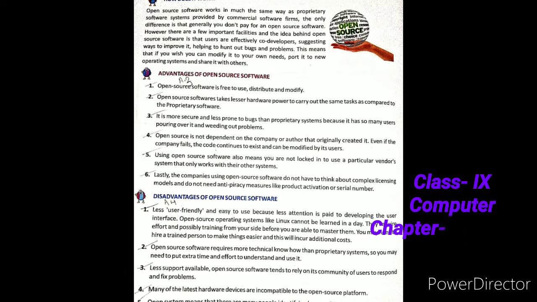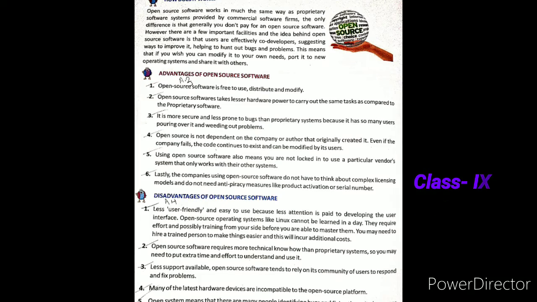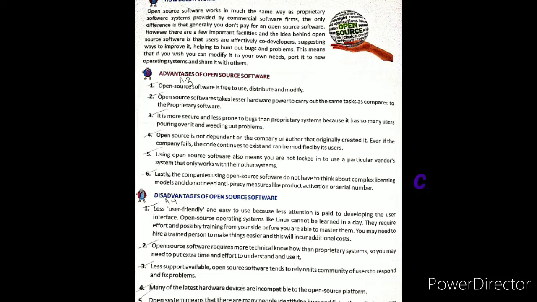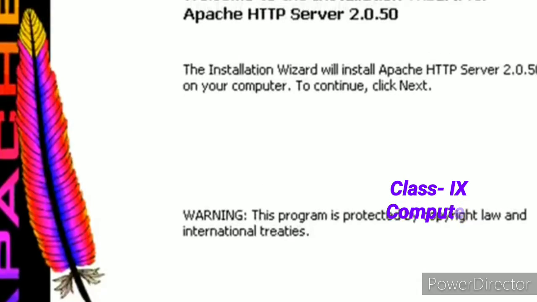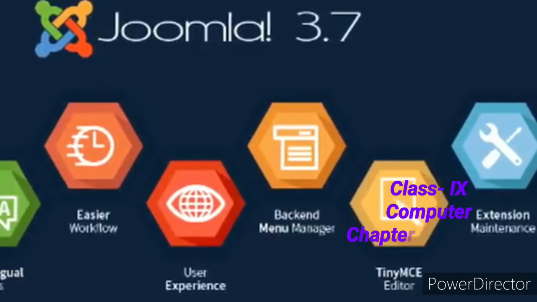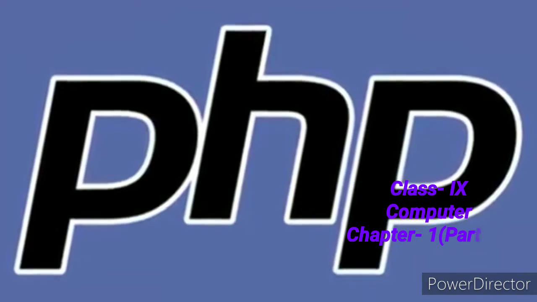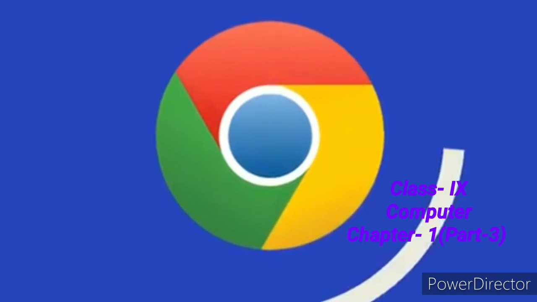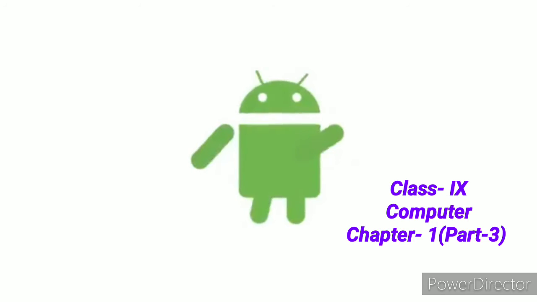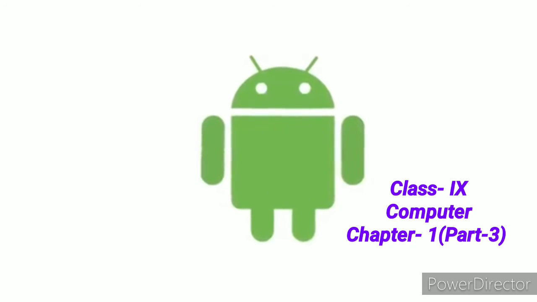There are two types of open source. First one is freeware, second one is shareware. Freeware is available free of cost for use and distribution, but sometimes it can't be modified. Why can't it be modified?